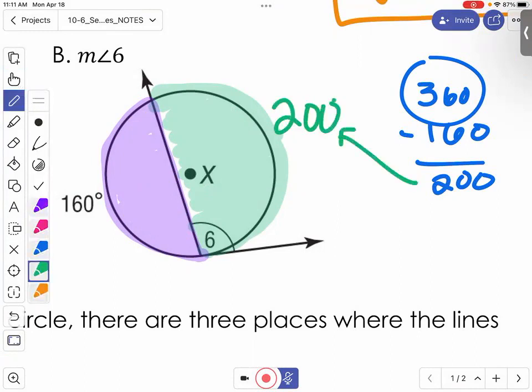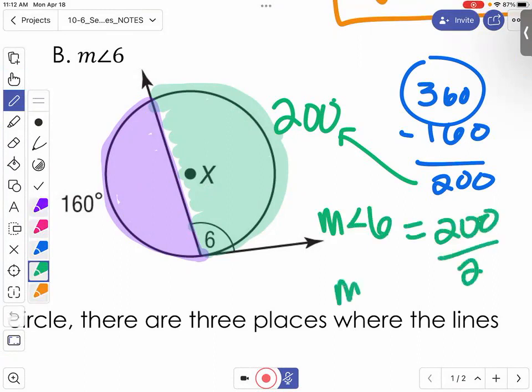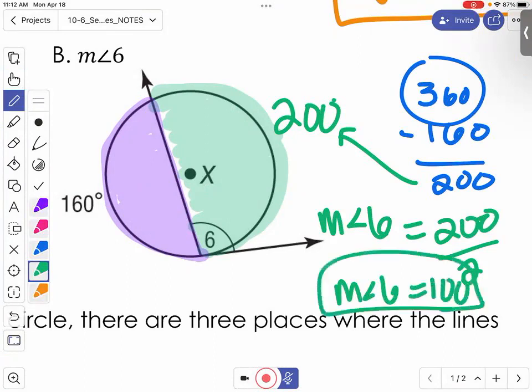And now I have an arc that I can cut in half. So the measure of angle 6 would be my 200 divided by 2, which gives me 100 degrees.